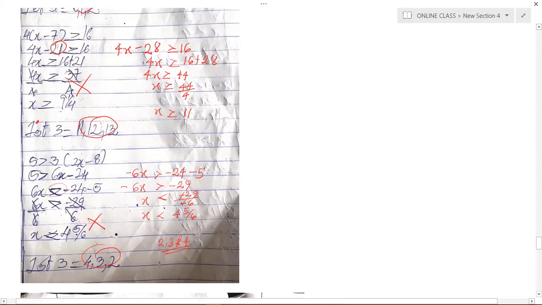Let's go to the next question, the next solution. We have 4x plus 2 is greater than 7 plus 6x. So by the time we transfer this 6x to this side, it will be 4x minus 6x. What do you write here now again?